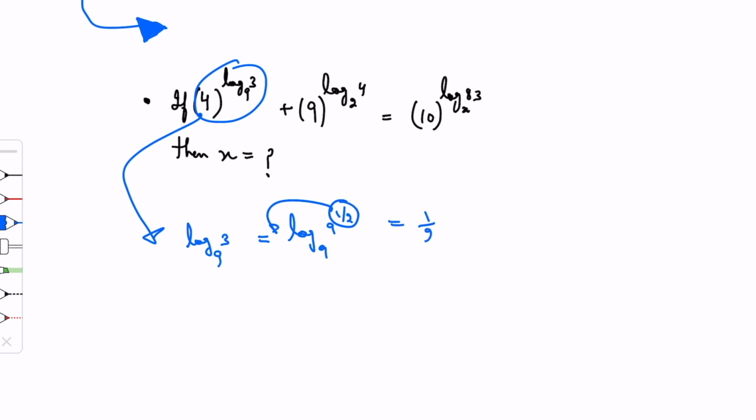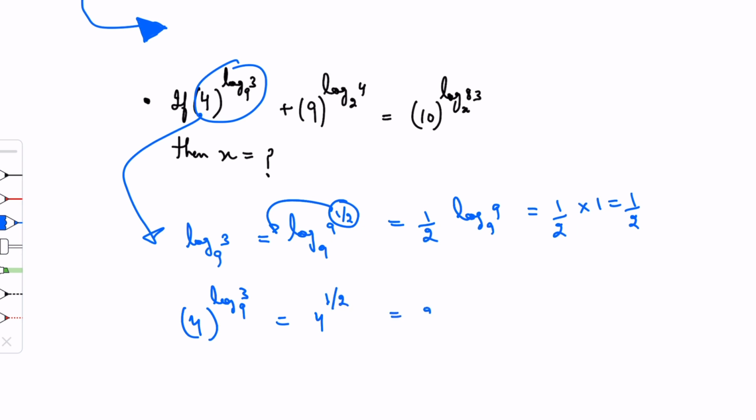So I have half and then log 9 base 9. And we have seen that whenever input and base match, the output is 1. So that means this is 1, so this thing is half. Which means 4 raised to the power log 3 base 9 will be essentially equal to 4 raised to the power half, which is just 2. So this thing over here is 2.